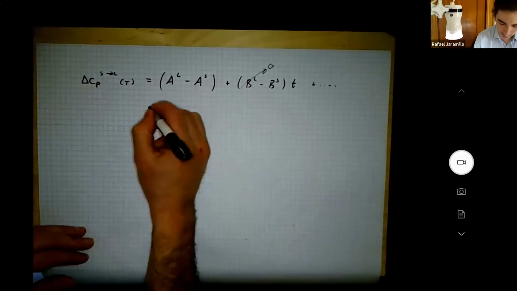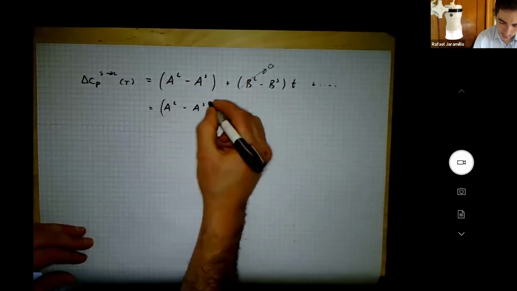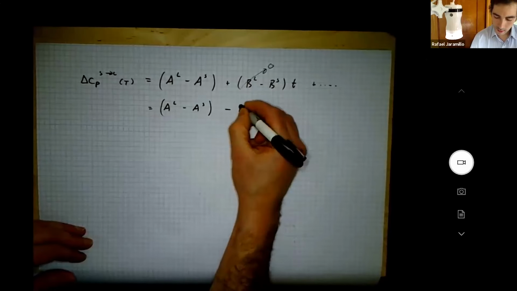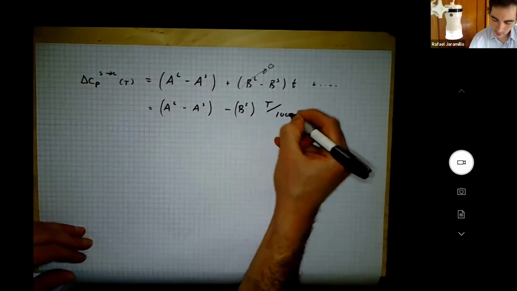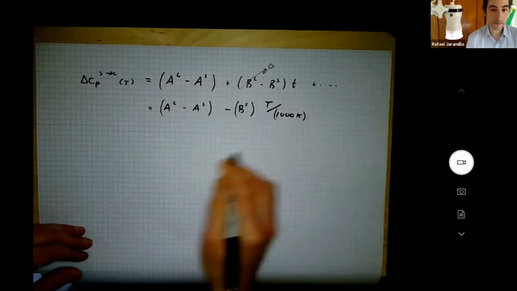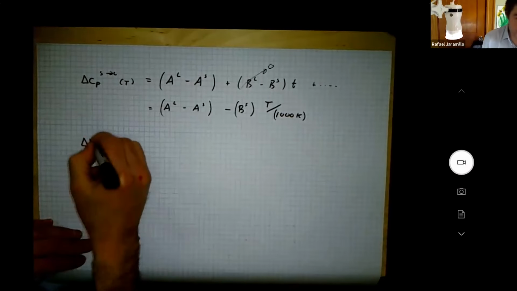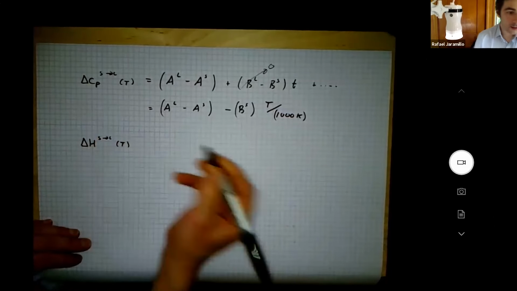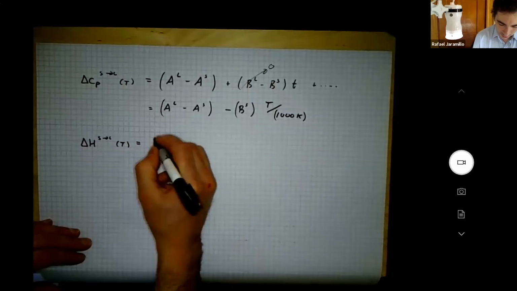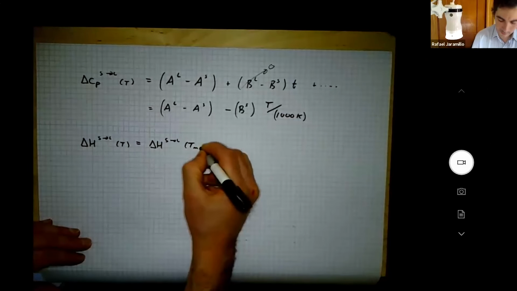So this is simply equal to A liquid minus A solid minus B solid, and here I'll make this explicit, this is T over 1000 K. And finally, delta H solid to liquid at T equals delta H solid to liquid at the melting point.